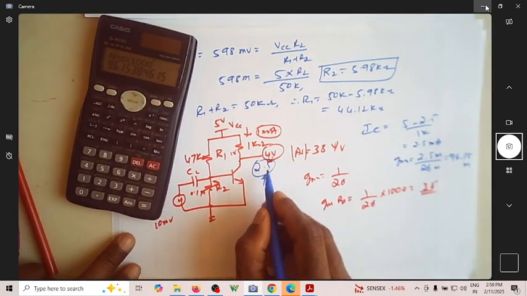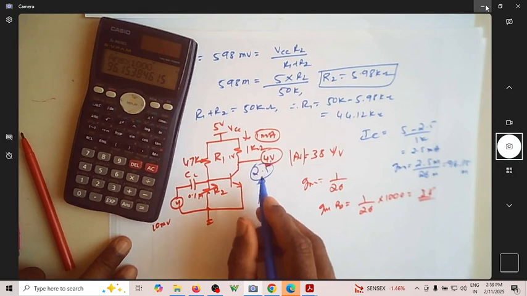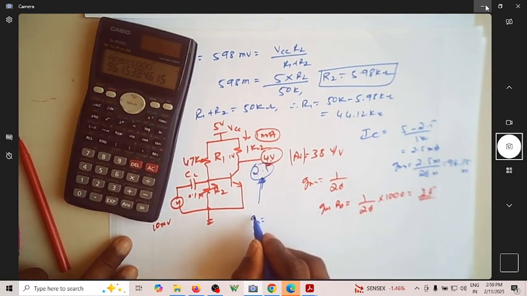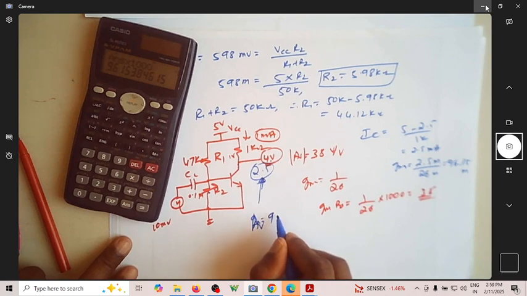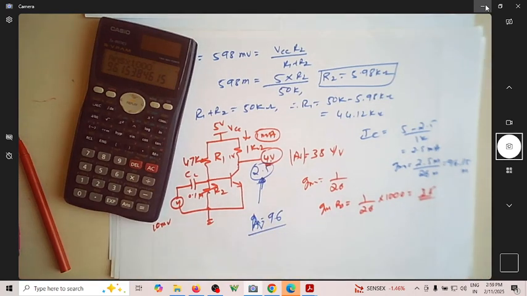So if you make this equal to 2.5, then your AV will be 96 instead of 38. So that's what.